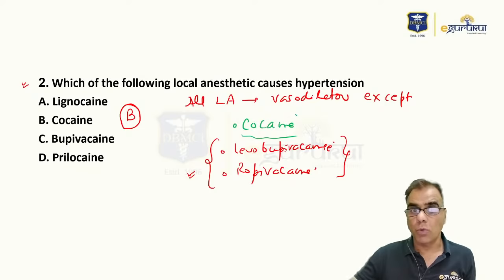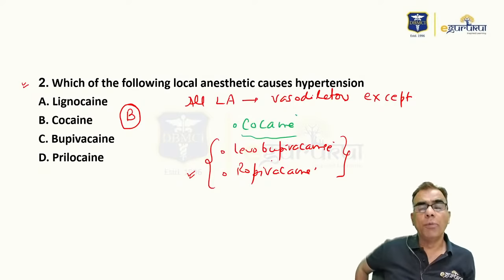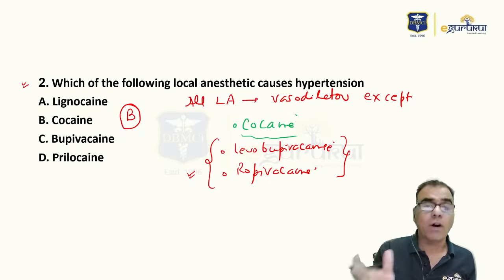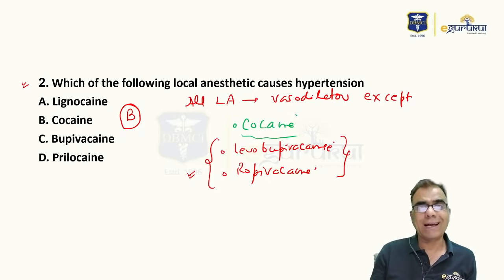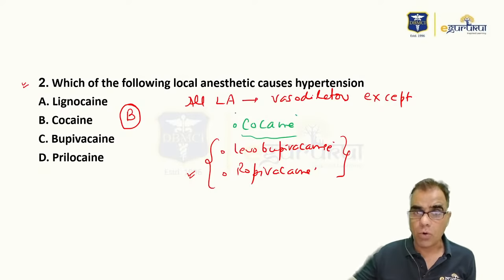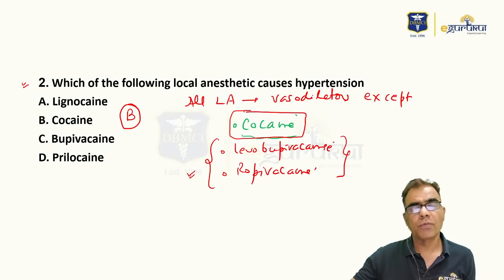You know that levobupivacaine and ropivacaine are the isomers of bupivacaine, but bupivacaine is a vasodilator, while its isomers levobupivacaine and ropivacaine are vasoconstrictors. However, vasoconstriction produced by levobupivacaine and ropivacaine is clinically insignificant, but cocaine can cause significant vasoconstriction, leading to hypertension.